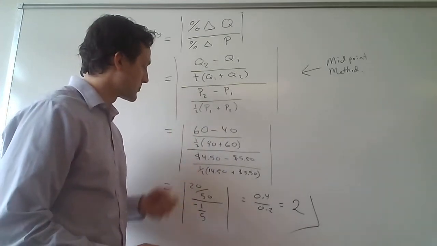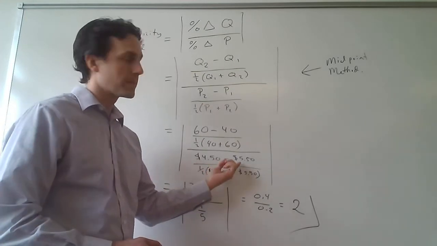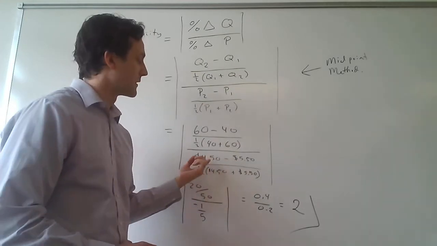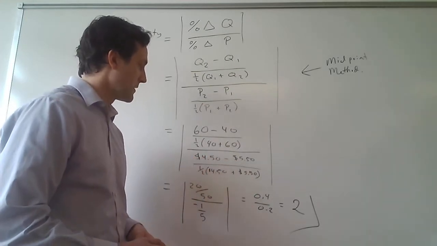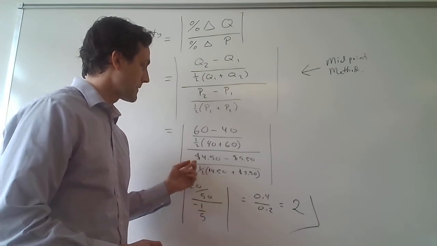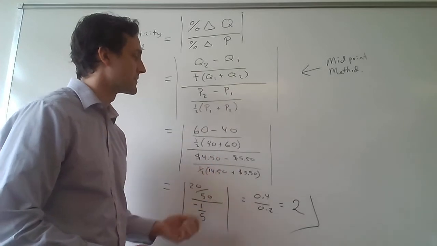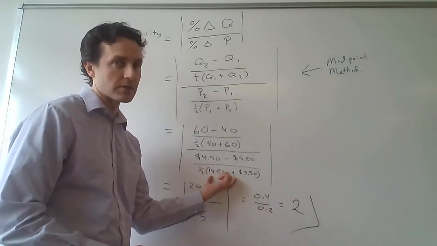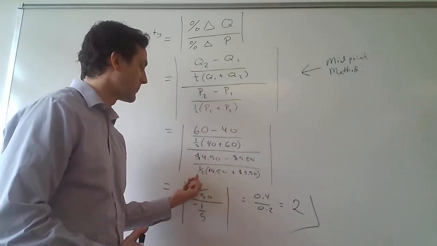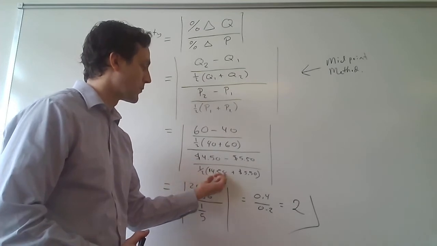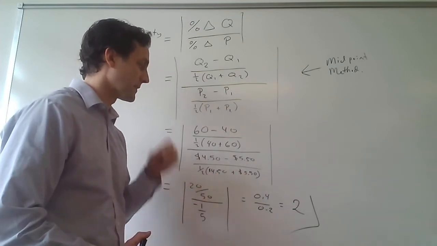Then for the relative change in the price, it starts at $5.50 and goes to $4.50. And we're dividing that by the average of the two prices, so 1/2 ($4.50 plus $5.50).